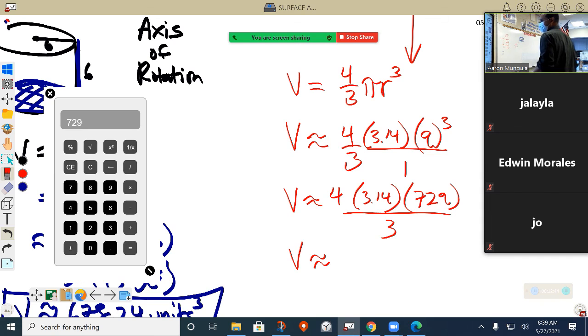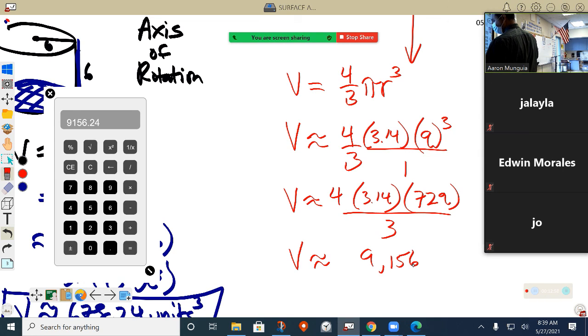So what I'm going to do now is I'm going to multiply all the numerator out. So 4 times 3.14 times 729. I get 9,156.24 divided by 3 now. Let me divide that by 3.